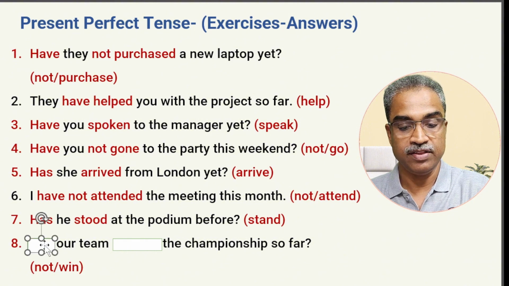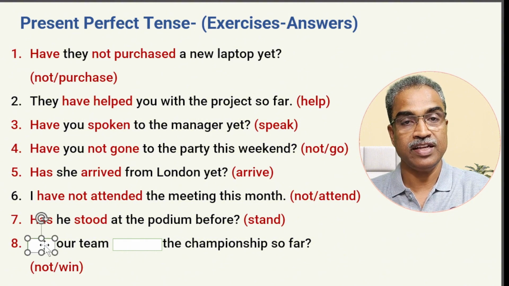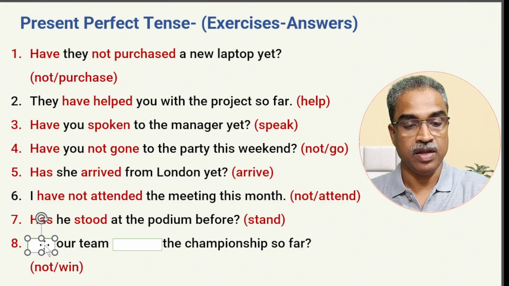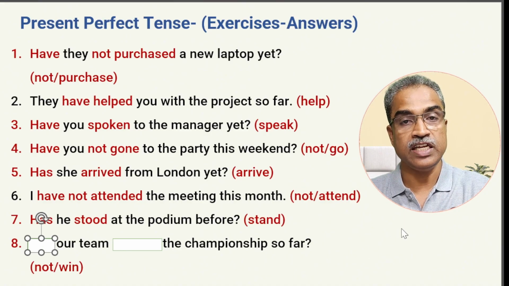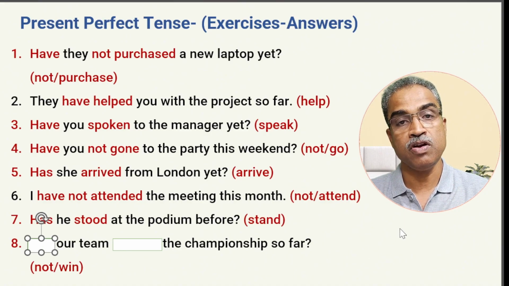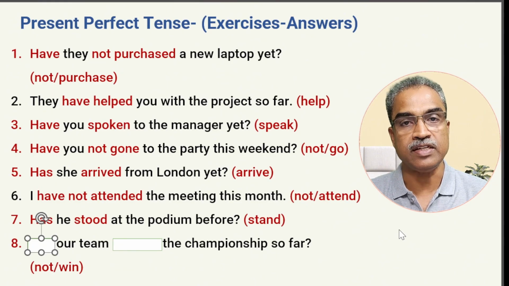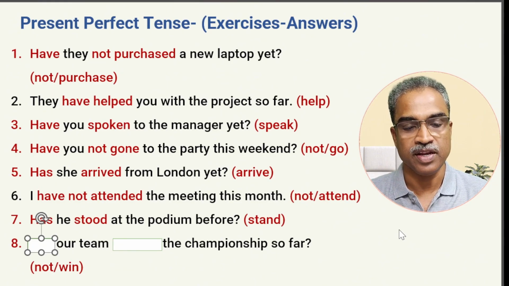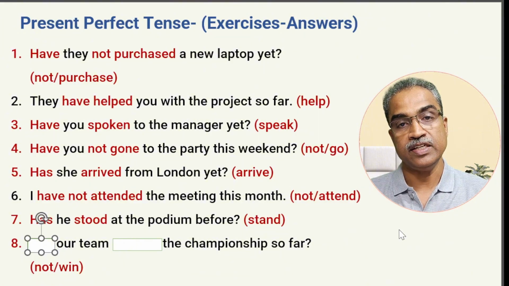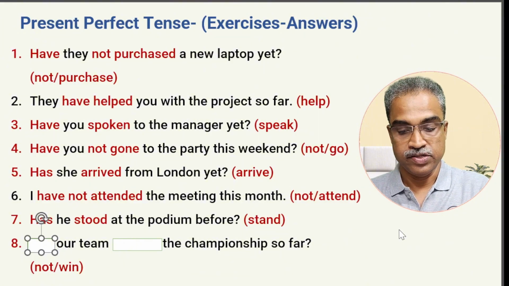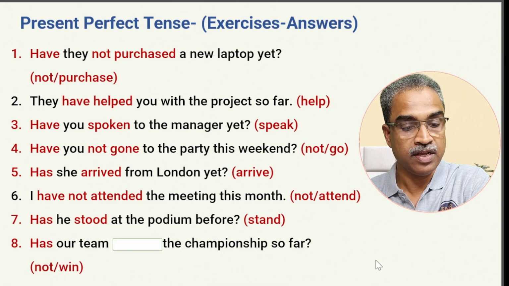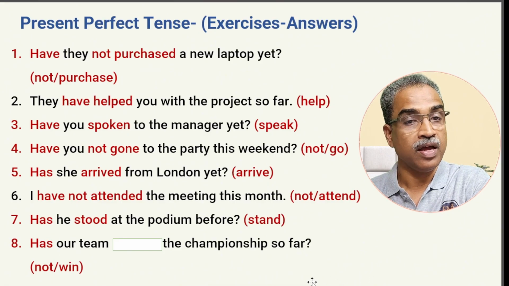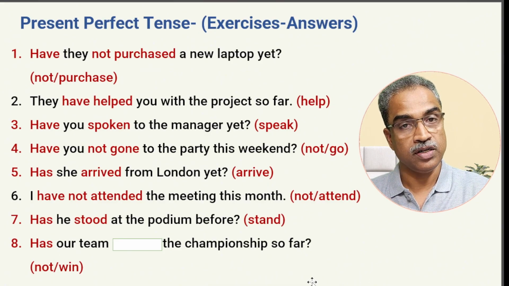And the next one, eighth one, not win. So negative word not, win. Win is the verb. Our team. Our team means which pronoun we will use for our team? It. Our team, let us consider it as a neutral gender. So it, neither masculine nor feminine. So after it, he, she, it, which auxiliary? Has. So what will you use here? Has our team not.